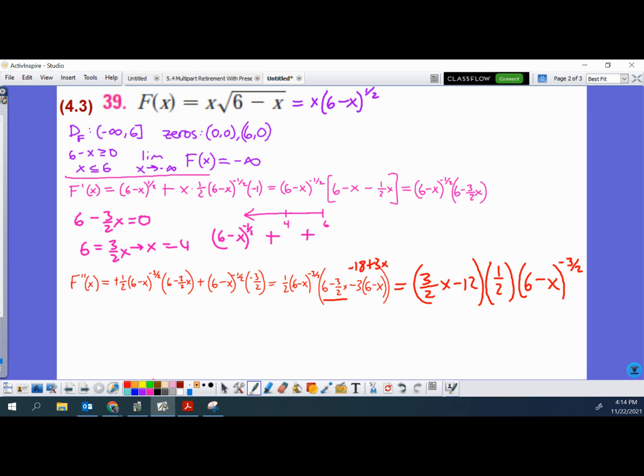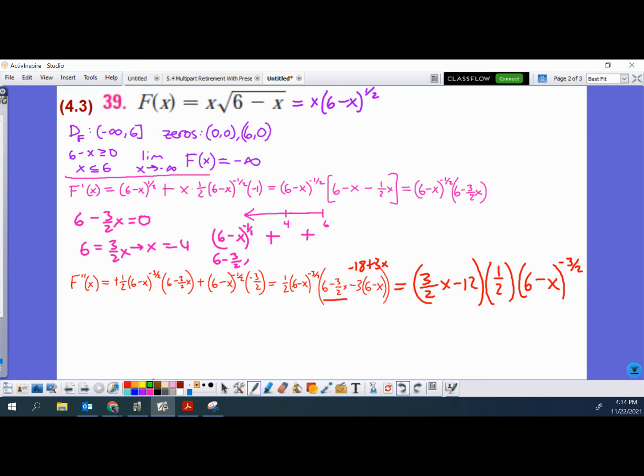And then the 6 minus 3 halves x, that factor is a linear factor with a negative slope, which means if you graph that line, it would look like that, right? It's got a negative slope. It's going to go from positive values to negative values. You can test points, but you can also just realize it's going to go positive to negative.